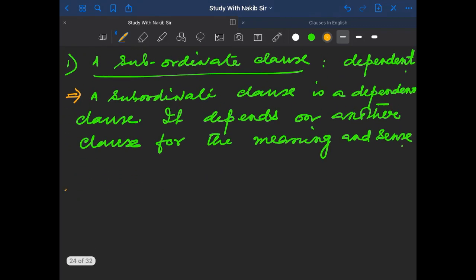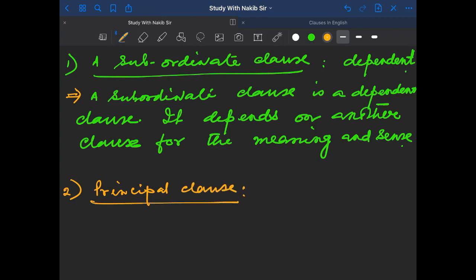Number two, a principal clause. What is a principal clause?